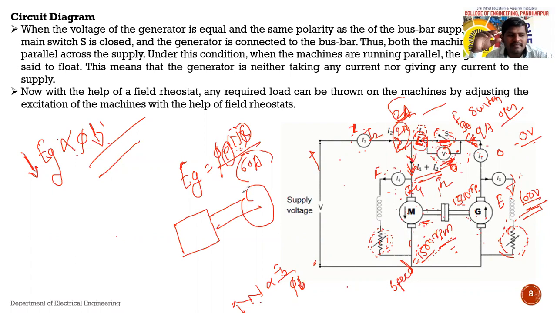The output power will be lost in the case of a direct loading test in the form of heat. Between the rotor and the belt there is friction. Due to that friction, some power will be wasted, and it may be mechanical power that is wasted in the form of heat.